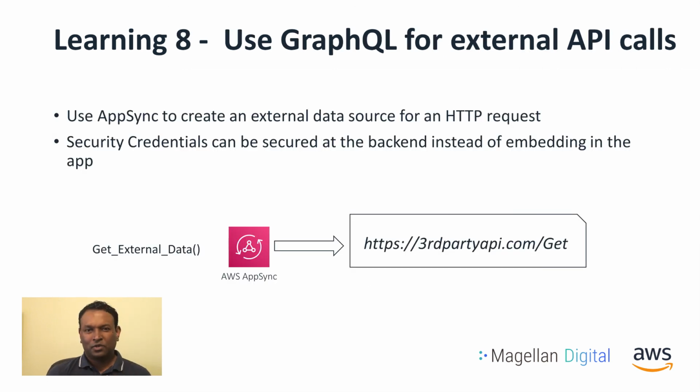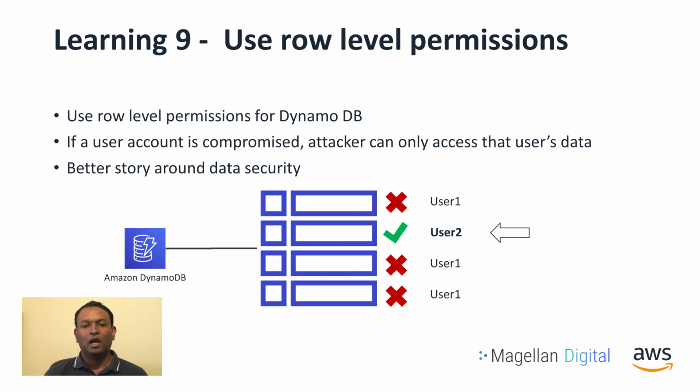We use GraphQL to do external API calls as well, which is a really powerful feature that Amplify has, which means you can put in any HTTP call. One of the really good things about this is we're abstracting that from the front end, and also the security credentials are embedded in the backend. So you don't have to put any API authentication credentials in the front-end app.